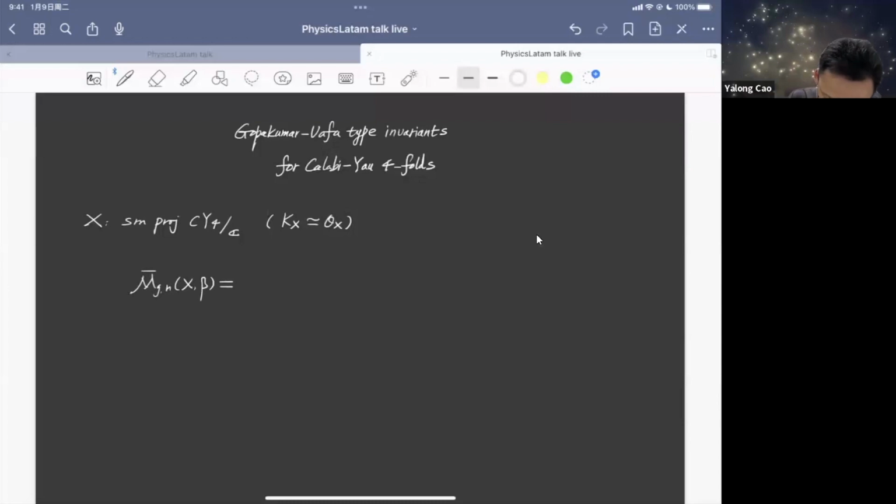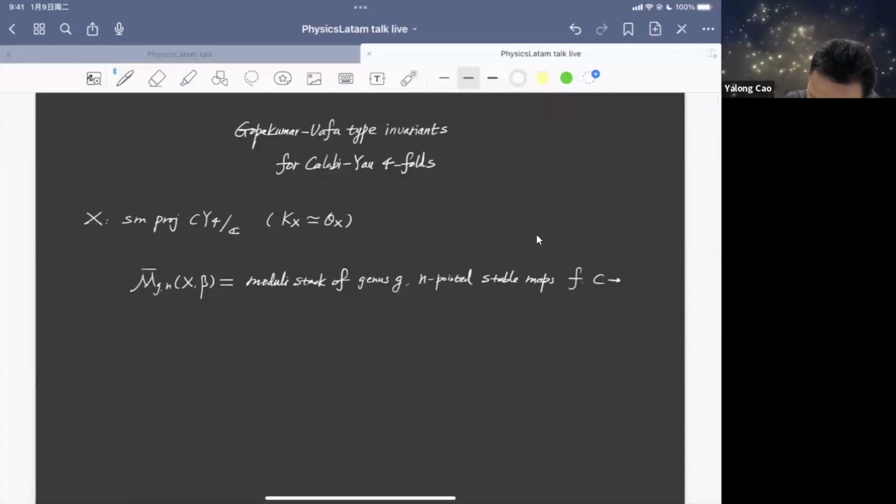So this is the moduli stack of genus g, n-pointed stable maps from a curve C to our Calabi-Yau fourfold X, satisfying this homological condition that the push forward of the fundamental class of C is some fixed homology class beta on our Calabi-Yau fourfold.